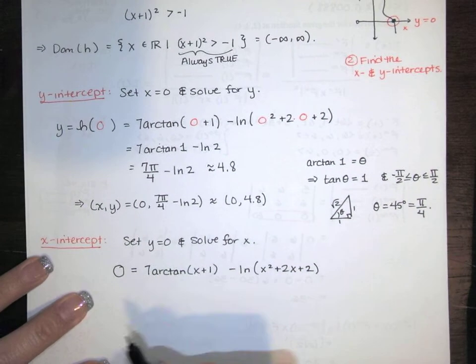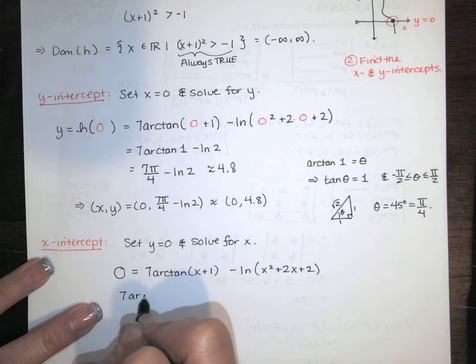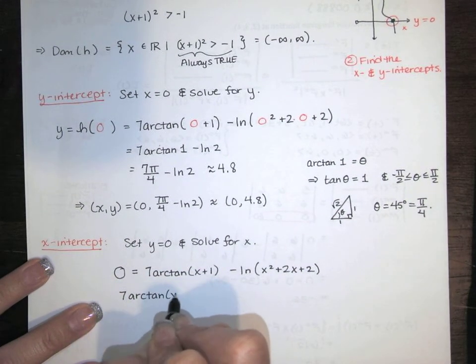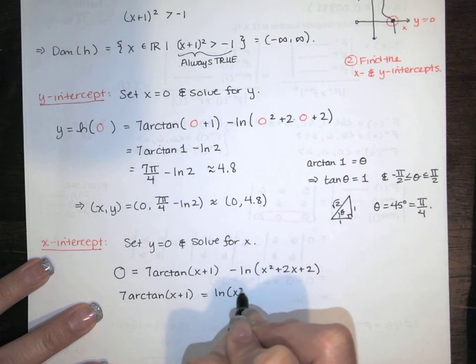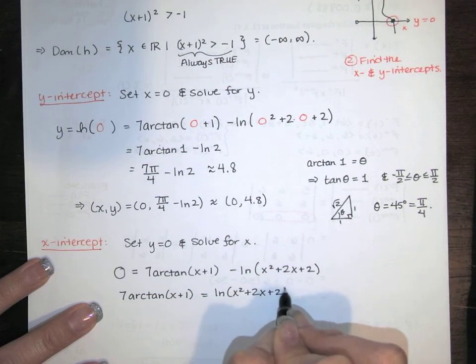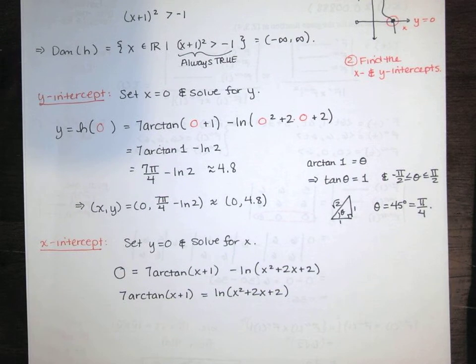So the solutions of this equation are the x values where 7 times arctangent of x plus 1 is equal to natural log of x squared plus 2x plus 2. Wherever that's true, that's our x-intercept. It's kind of hard to figure out without some technology.